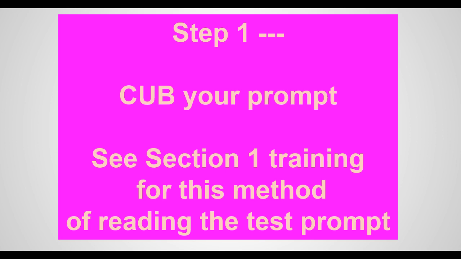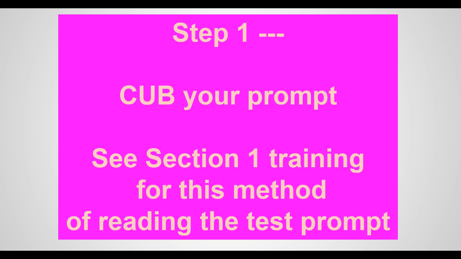You should have followed through with the first few sections of this writing boot camp. Step 1 is for you to cub your prompt. If you have not learned this method for properly reading your prompt in order to answer the prompt correctly, please go back and do so. You should have printed off or saved the prompts for exercises.